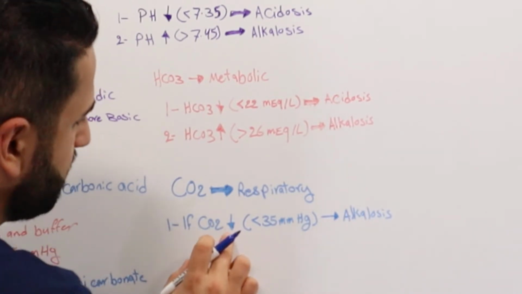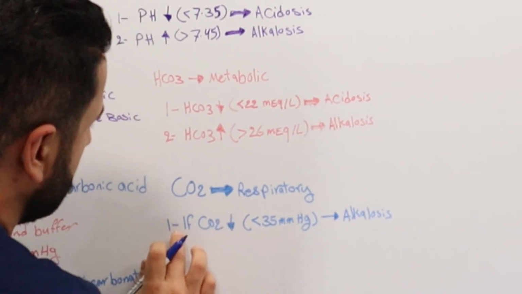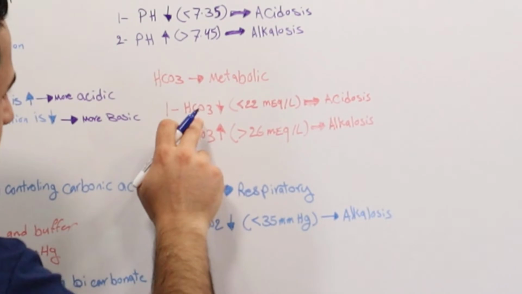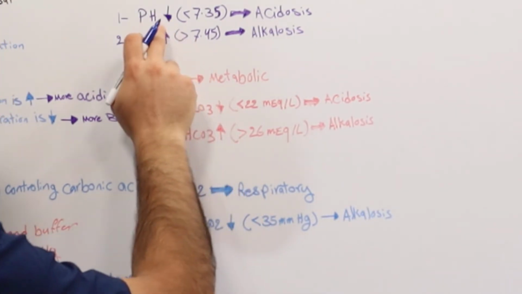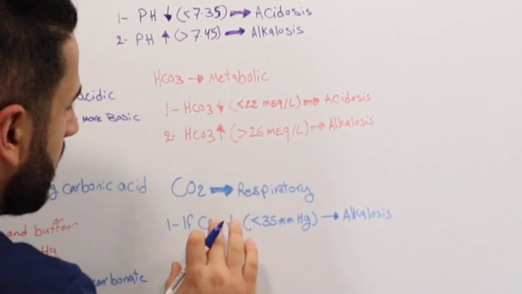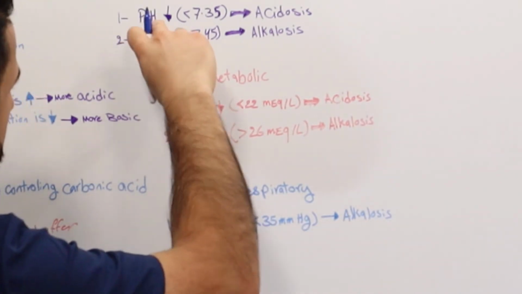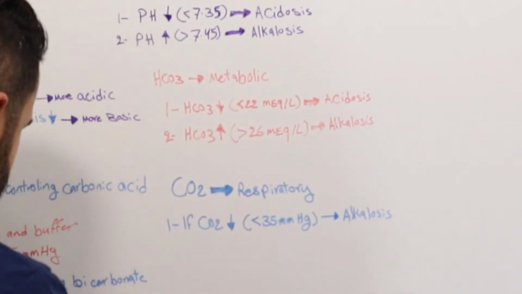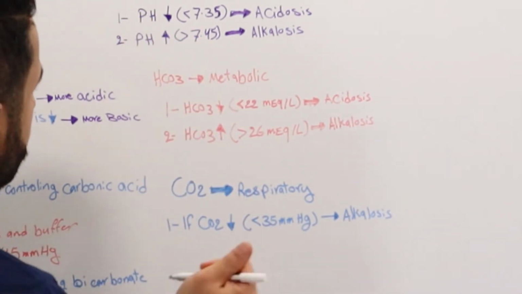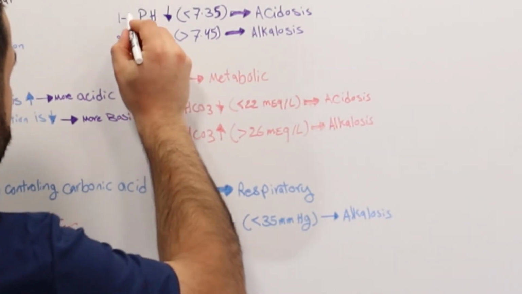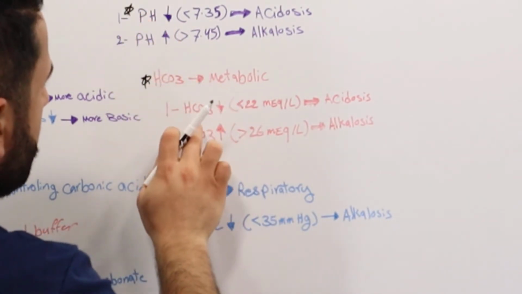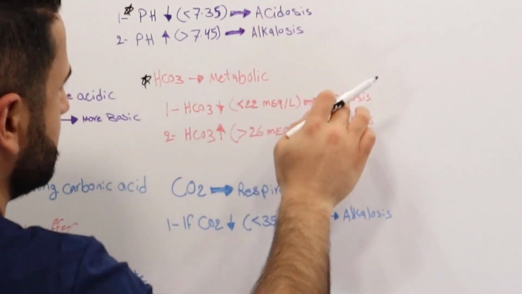And I kept the same pattern over here. So here we're seeing number one is decreasing, which is the same as bicarbonate decreasing and pH decreasing. However, what we see in pH and bicarbonate is that both of them, when they're decreasing, are going acidosis.